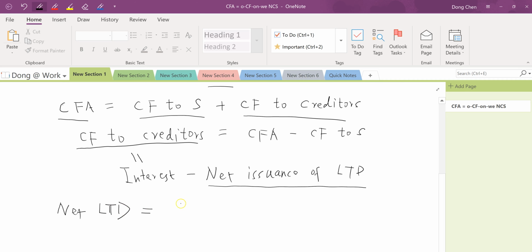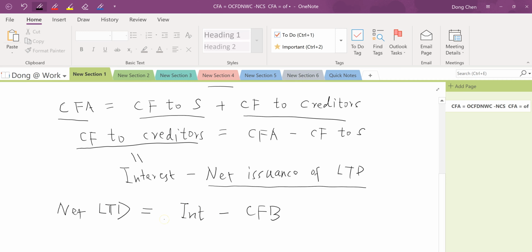That's simply equal to interest minus cash flow to bondholders. If you move this to the other side and move the cash flow to creditors to this side, that's how you get this expression.